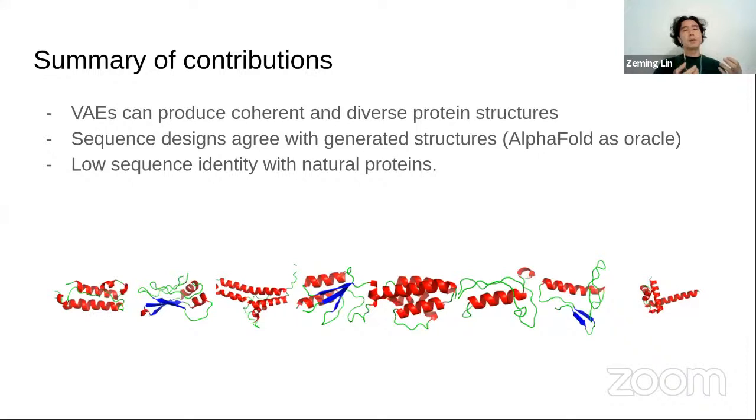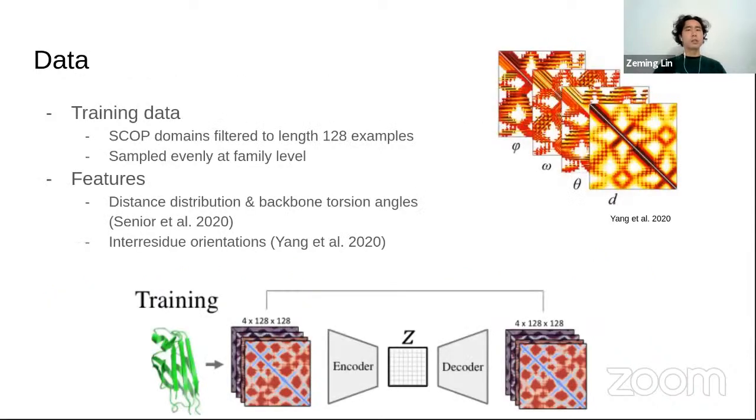We ask Rosetta Fast Design to generate some sequences, and then we validate this with AlphaFold 2 as an oracle. So AlphaFold sees only the sequences, and it predicts with high confidence that a lot of the structures are similar to our generated structures. And finally, we look at the sequence identity of the sequences that we generated, and they're actually quite low with natural proteins, which we found to be pretty interesting.